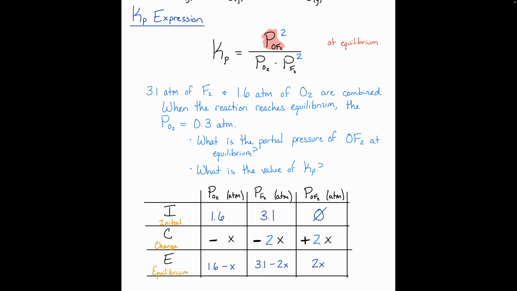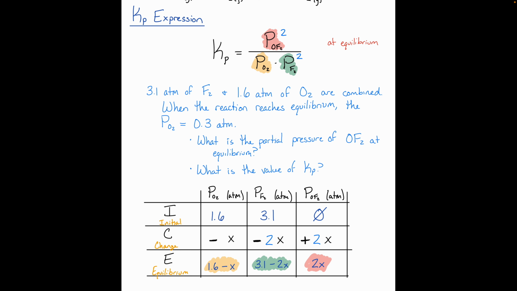Corresponds to the partial pressure of OF2 at equilibrium. So that is this box right here. Likewise, my PO2 at equilibrium would be this 1.6 minus x. And my PF2 at equilibrium, the 3.1 minus 2x, right? Those are what those boxes represent, the amount of each of those at equilibrium.